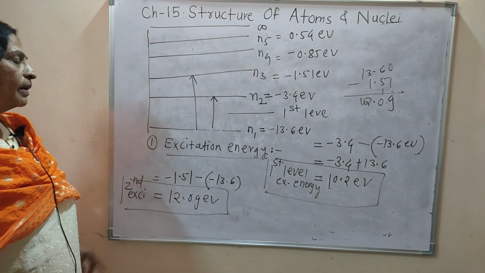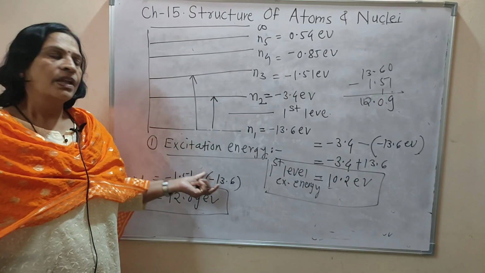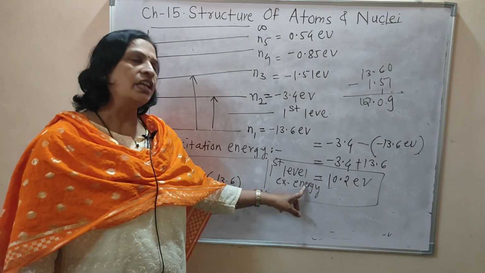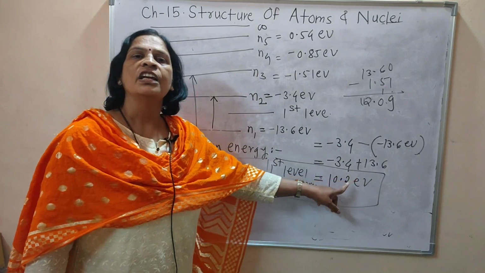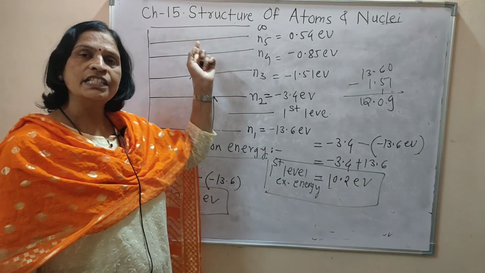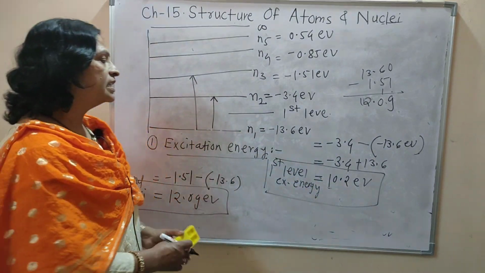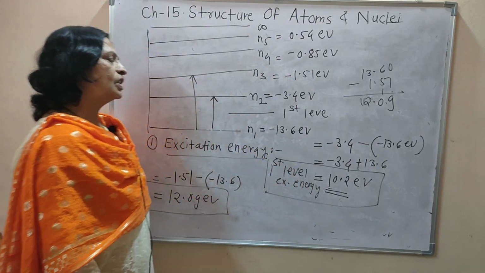Understood? But if an MCQ is asked, what is the minimum value of excitation energy? This is the minimum value of excitation energy, for the first level. As the number of the orbit goes on increasing, the excitation energy goes on increasing, and this is the minimum excitation energy.